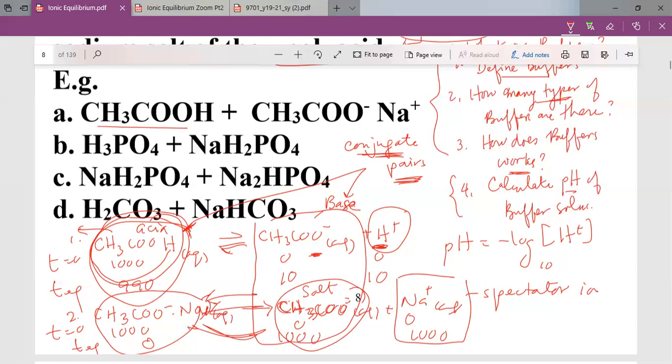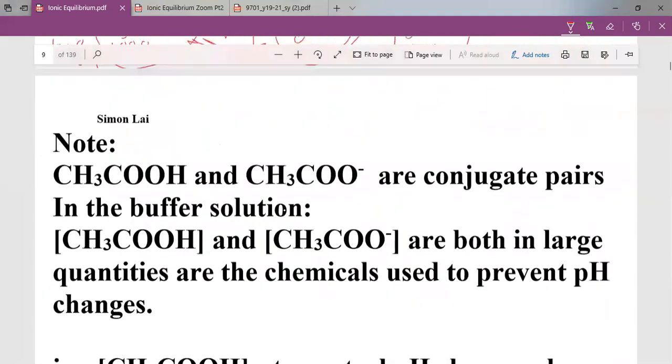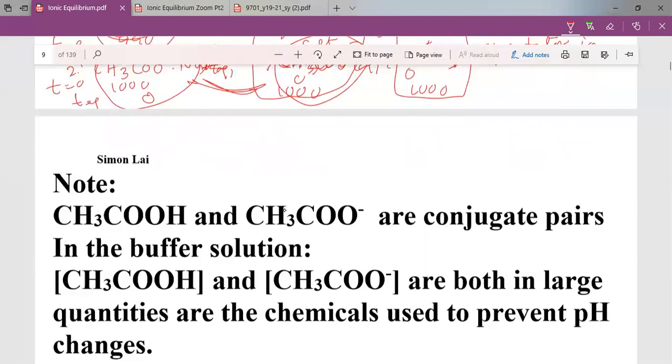Now of course you have this one; remember, it comes out a lot of times. H3PO4 is a weak acid. I'll just show you here. H3PO4 used to be very popular last time in titration, but now it's pretty hard. It's a three-step ionization.